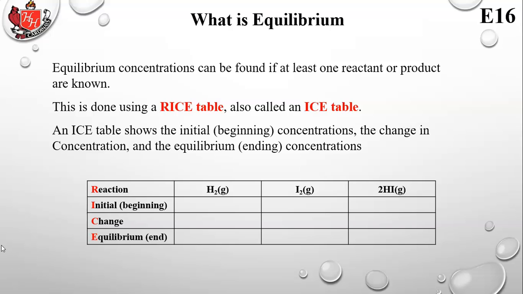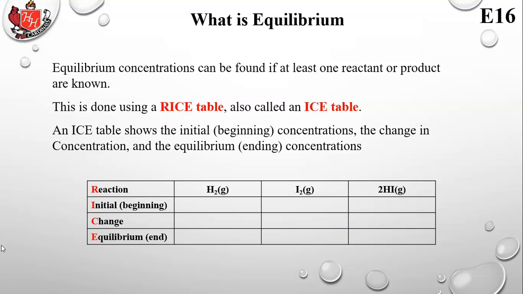So equilibrium concentrations can be found if at least one reactant or product is known. This is done using a rice table, which is also called an ice table. They are the same things. A rice or ice table shows initial beginning concentrations, the change in concentration, and the equilibrium and ending concentrations.